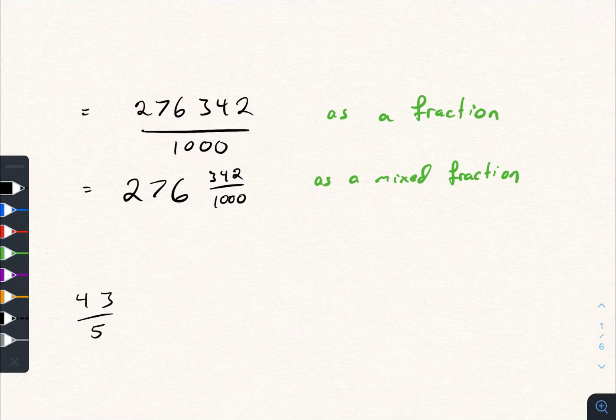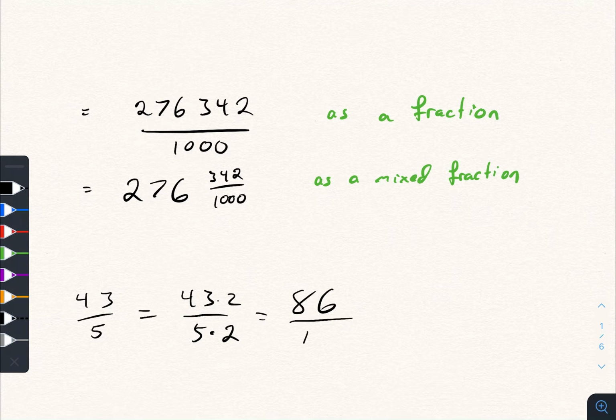Our denominator right now is 5. If I want to make my denominator a power of 10, I could find an equivalent fraction where the denominator is 10. To do that, I multiply the numerator and denominator both by 2. So I get 86 for my numerator and 10 for my denominator.